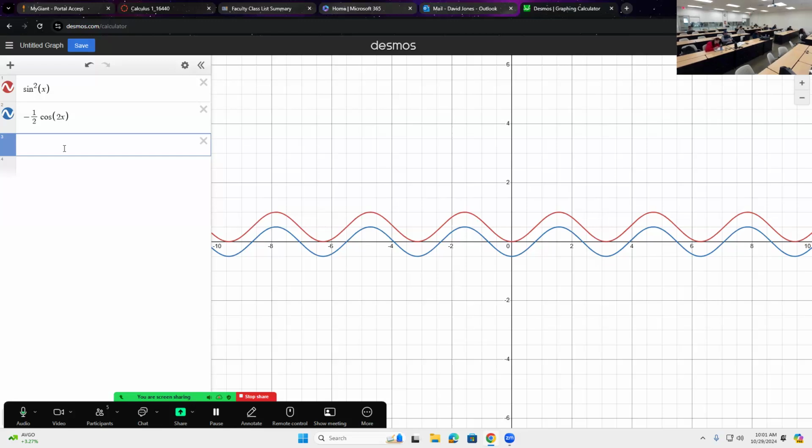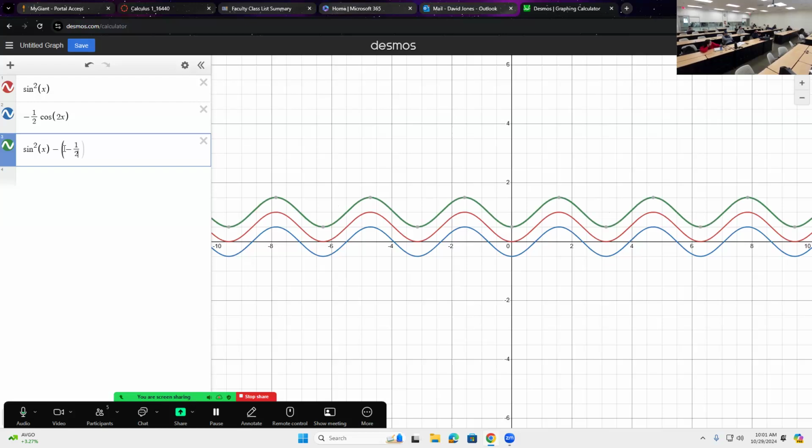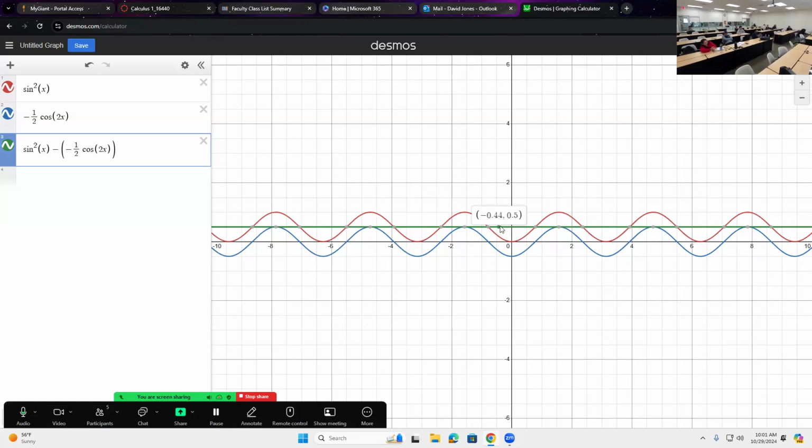We could subtract them: sine squared x minus negative 1/2 cosine of 2x. And what is the value of this line?